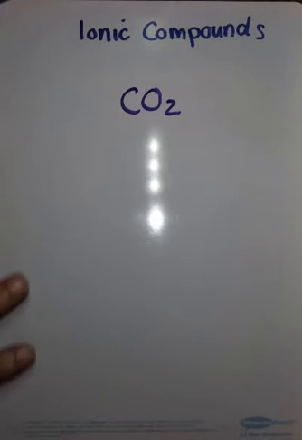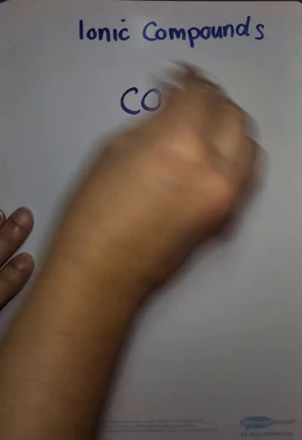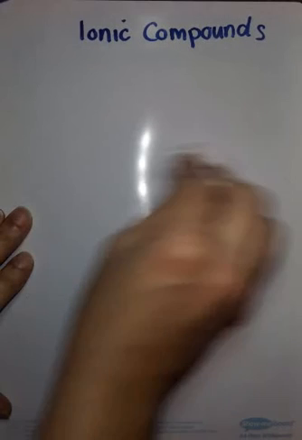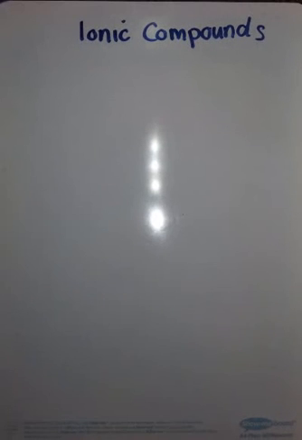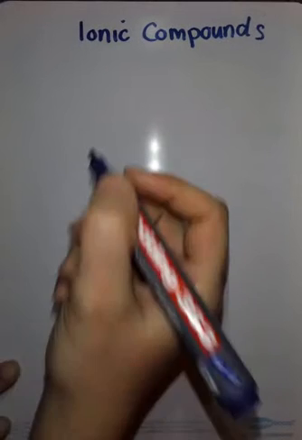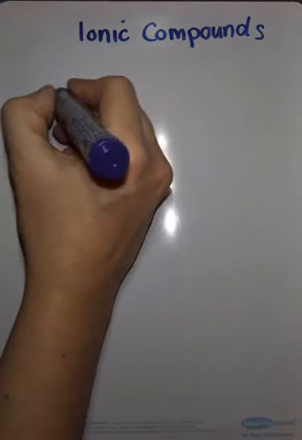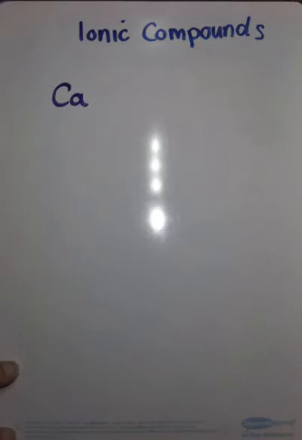So we're going to start off with an example from your book. If we look at 2 elements that are in our top 20, we're going to look first at Ca, which is calcium.